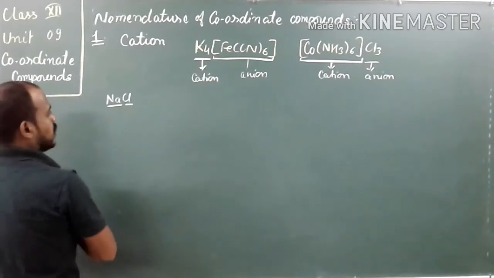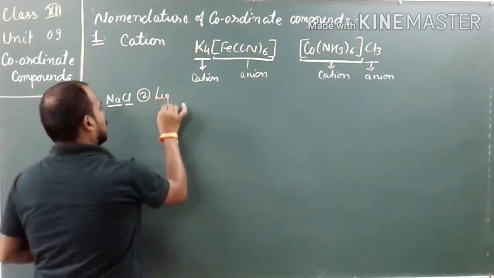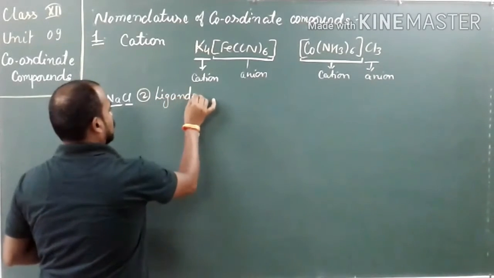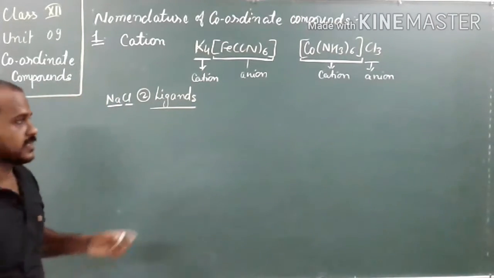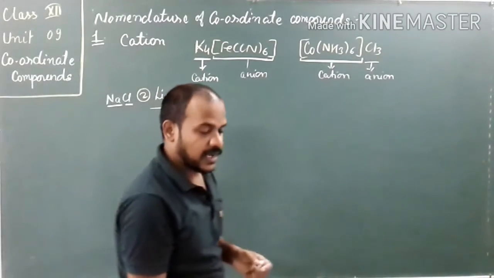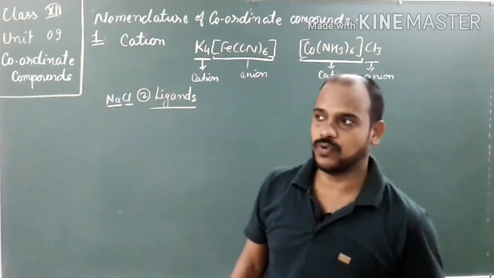Second rule, rule number 2: write the name of the ligands. What will we do? We will write the name of the ligands, and they will be written alphabetically: first A, B, C and so on.